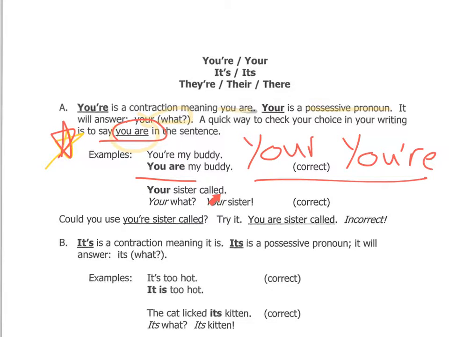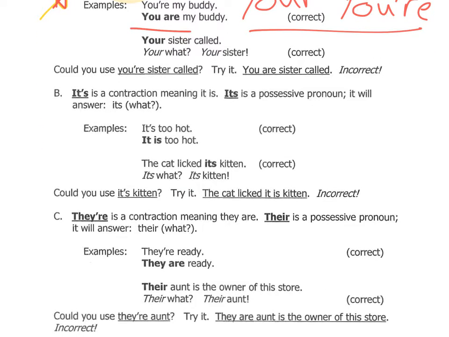Your sister called. Do we say, you are sister called? That doesn't work. So we have to say, your what? Your sister. So you are, or your what? That's how we can check it. Could you use you're sister called?